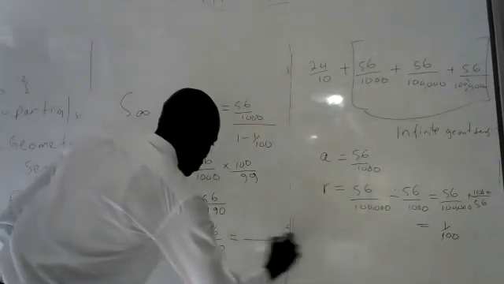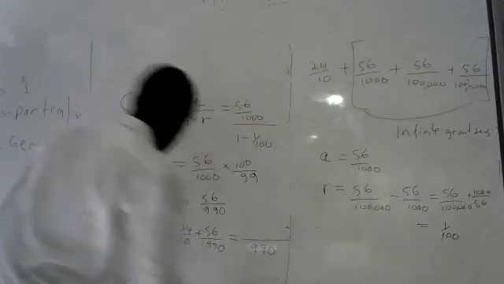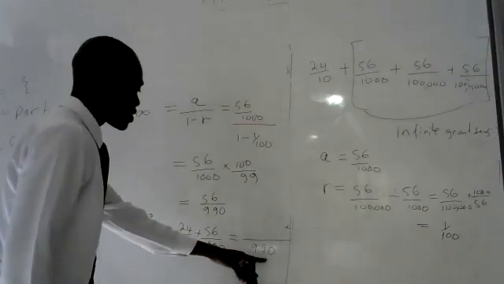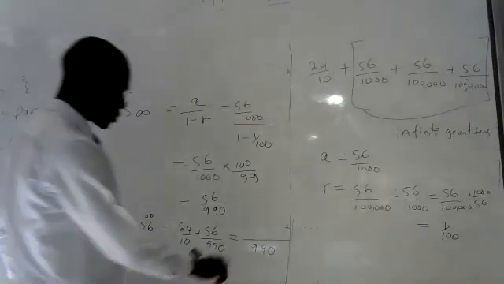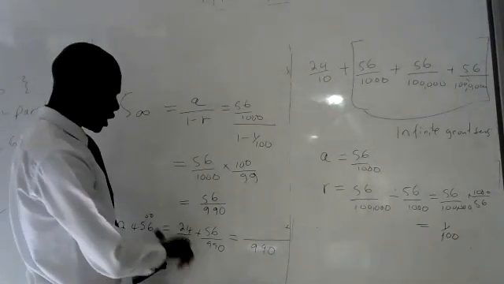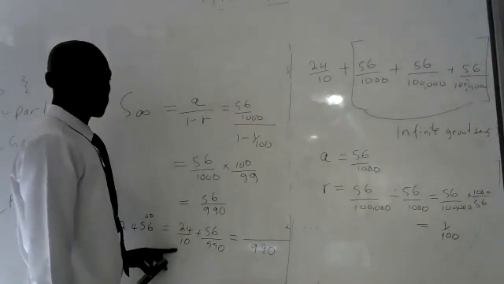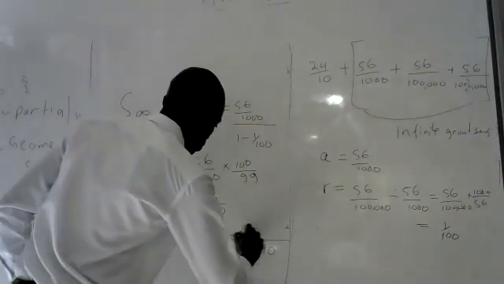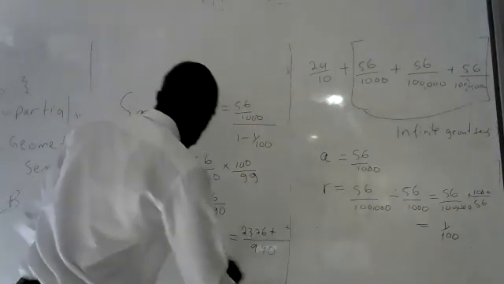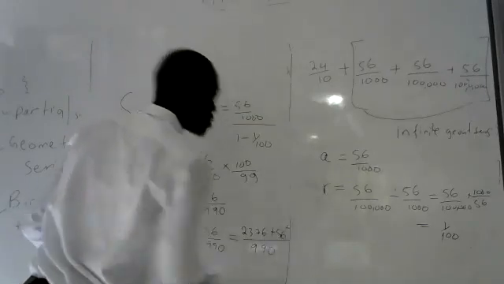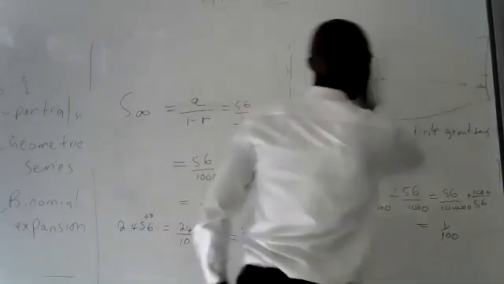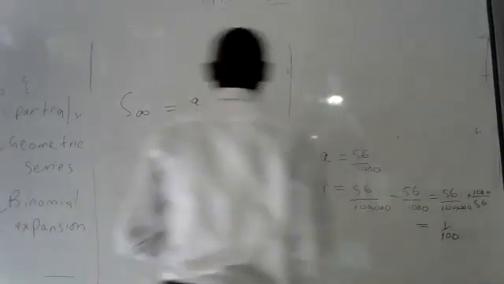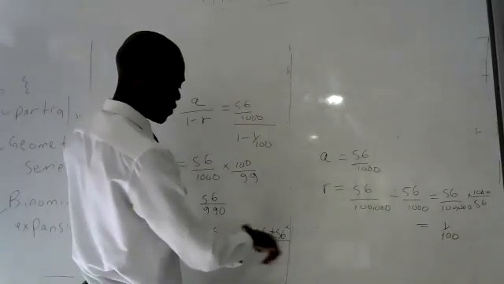Of course, the LCM is 990. So 10 into 990 is 99. What is 99 times 24? 2376. So we should have, what is this sum? 2376 plus 56.